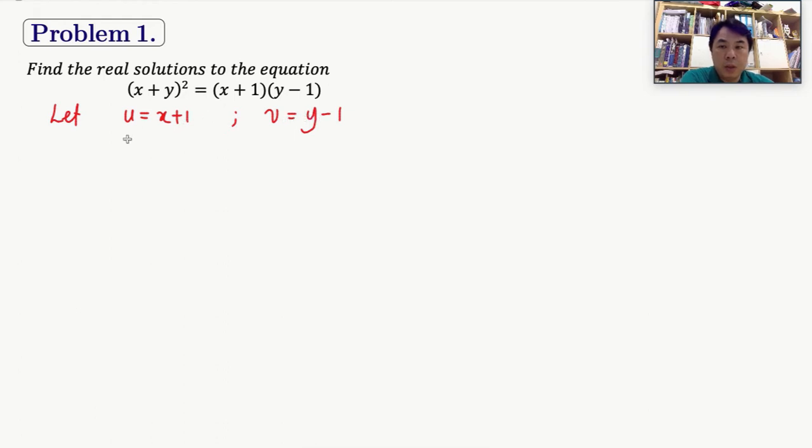By rearranging, x is u − 1, whereas y is v + 1 here. Once you are satisfied with the structure, we are going to substitute it into equation number 1. That would yield this.